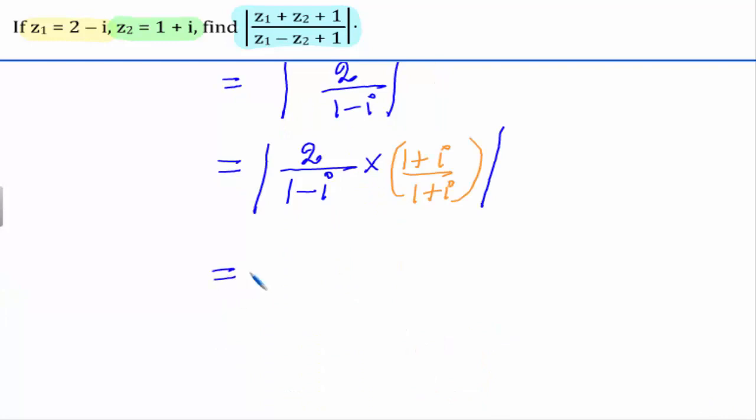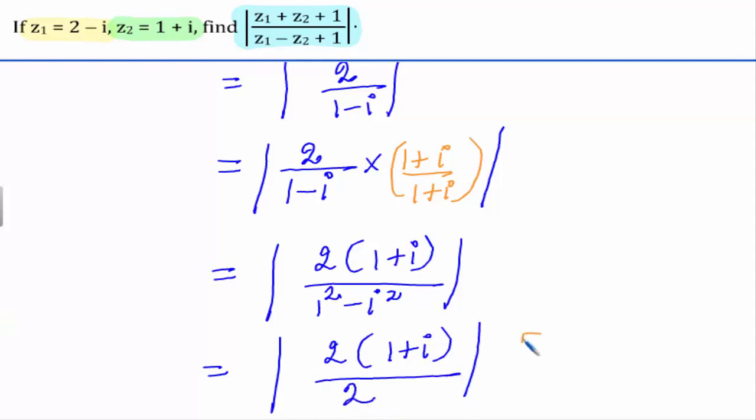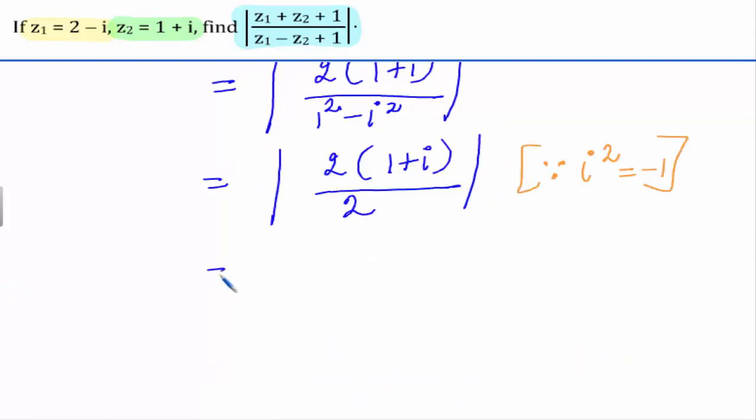This will be equal to modulus of 2 into (1 plus i) divided by (1 square minus i square). This will be equal to modulus of 2 into (1 plus i) divided by 2, since i square is equal to minus 1. We can write this as modulus of 1 plus i.